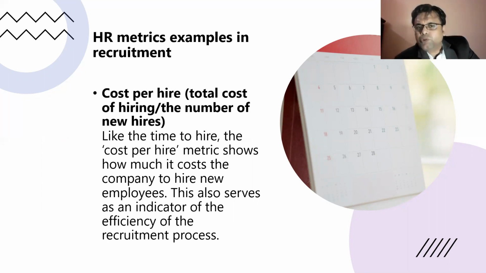Like time to hire, the cost per hire metric shows how much it costs the company to hire a new employee. This also serves as an indicator of the efficiency of the recruitment process. Say, for example, you give an attractive recruitment advertisement in Times of India, which will cost nearly 4 to 5 lakh rupees.